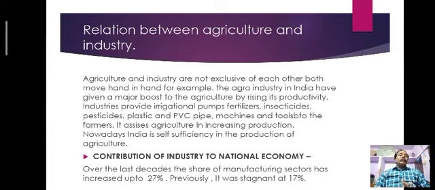Second thing, what is the role of industry in agriculture? So here I have given the topic relation between agriculture and industry. Agriculture and industry are not exclusive of each other, both move hand in hand. Is it clear? It means we can't separate them.